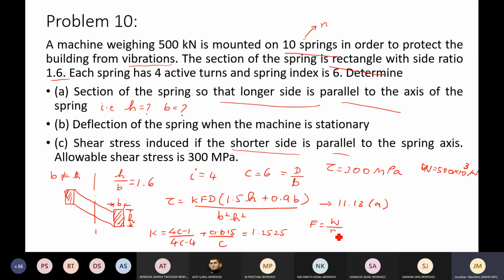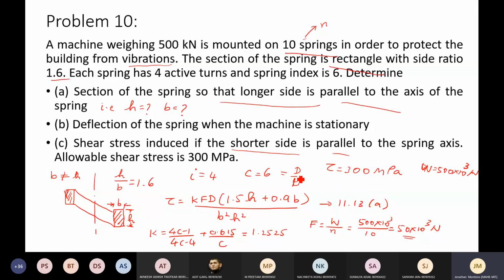So it is W by N, 500 into 10 power 3 by 10, which comes to 50. Once you practice, you need not show this calculation, you can directly put 50, or just show 500 by 10. Just to be on the safer side, I did this extra calculation so that you don't miss out.